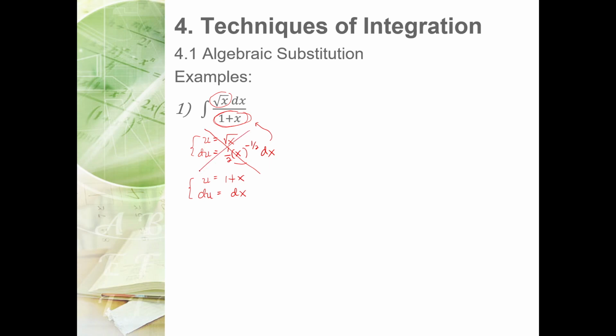Okay, so again, this one is x. Let's erase this first. The tip is to replace your complicated term with another variable. Usually in the algebraic substitution technique, we introduce a variable called z instead of u.